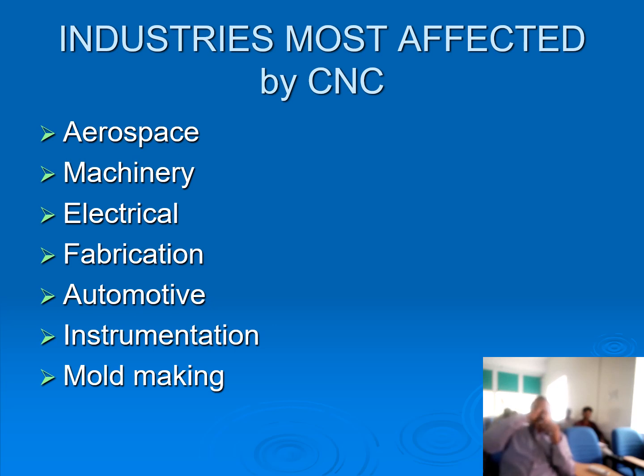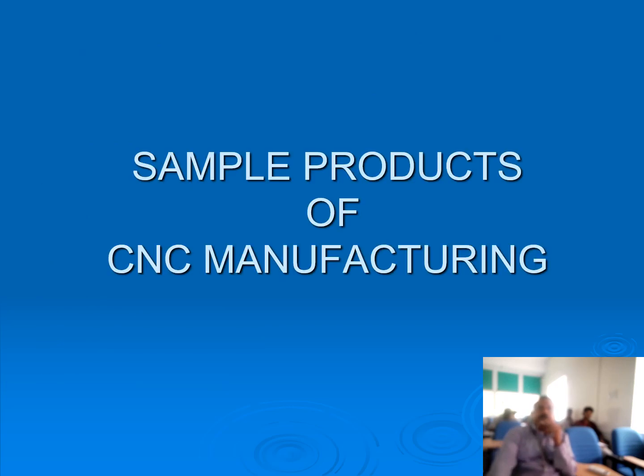So almost all industries are implementing CNC technology, since we can make accurate, precise components, in larger numbers and at cheaper cost. And in the upcoming videos, we are going to see some sample products of CNC manufacturing.